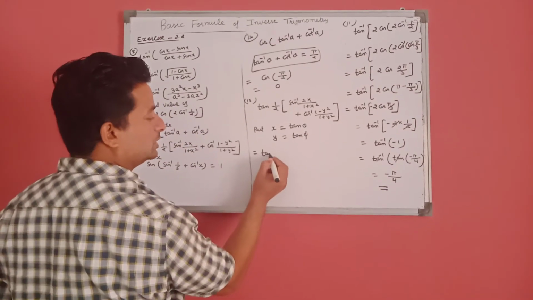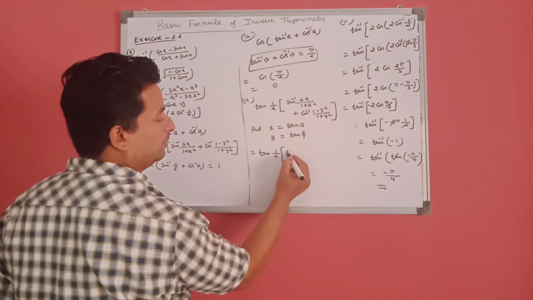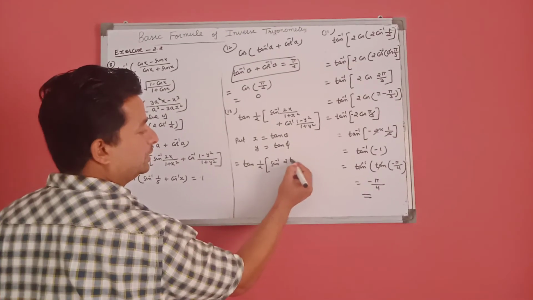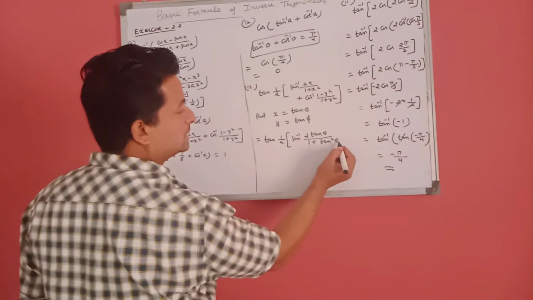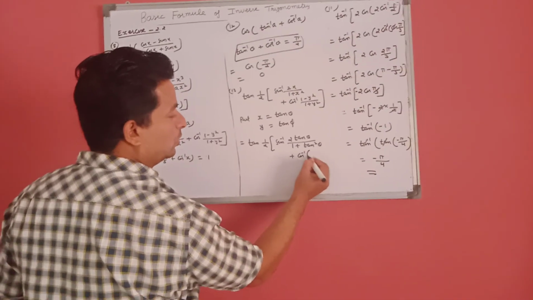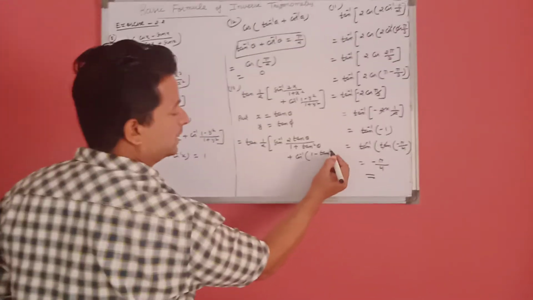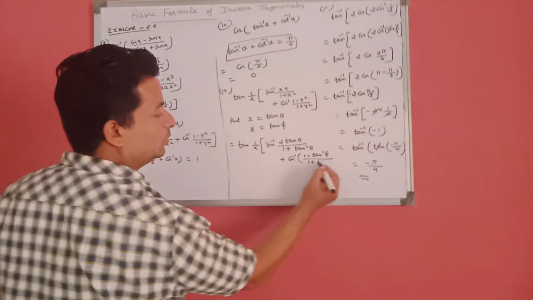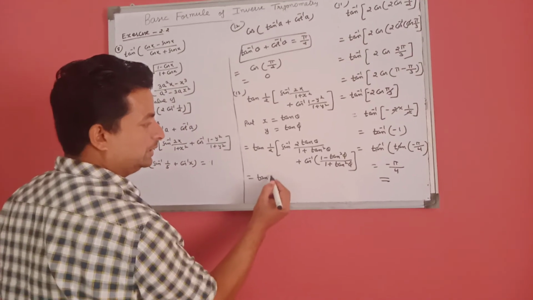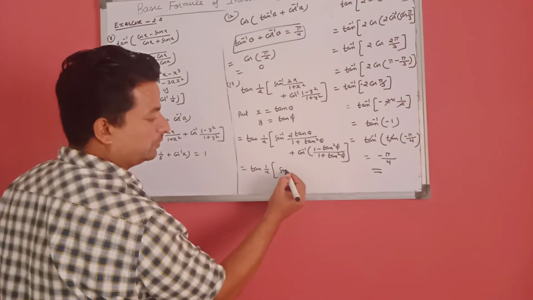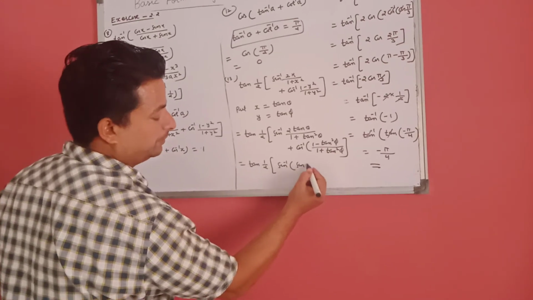Then this question becomes tan of 1 by 2 sin inverse 2 tan theta over 1 plus tan square theta plus cos inverse 1 minus tan square phi over 1 plus tan square phi. This is the formula of sin 2 theta.